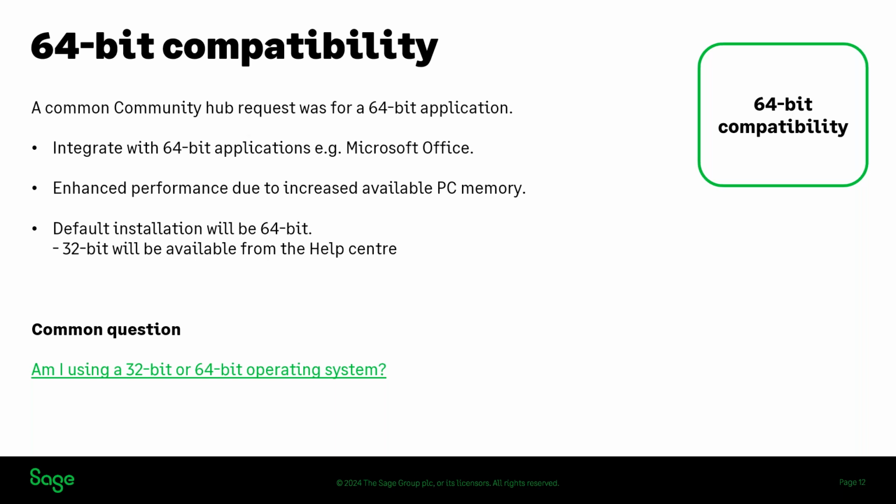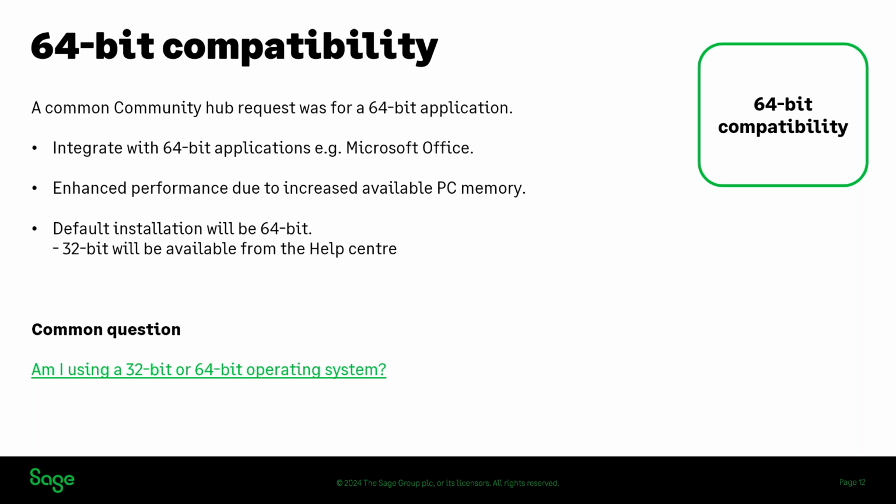You will have enhanced performance, and that's due to increased available PC memory. Now, with version 30, you will be given a default installation of 64-bit. If 32-bit is needed, so if you've still got a 32-bit machine, it will be available from the Help Centre, but it will need to be installed manually.